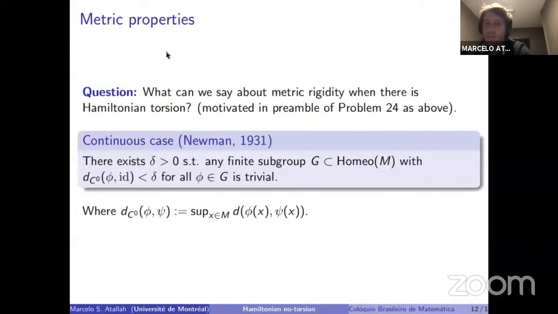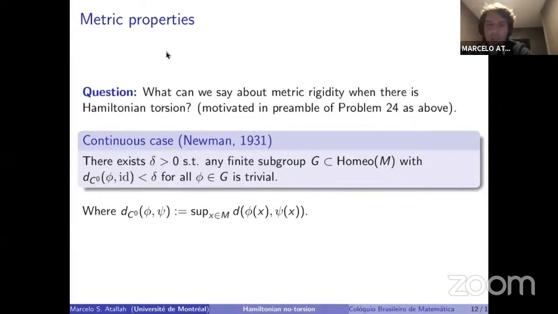So it remains to say something about the cases where we cannot obstruct torsion. And there's this idea as well that in those cases, there should be some sort of metric rigidity. This was also implicitly discussed in the preamble of problem 24, which is in the McDuff-Salamon introductory book.